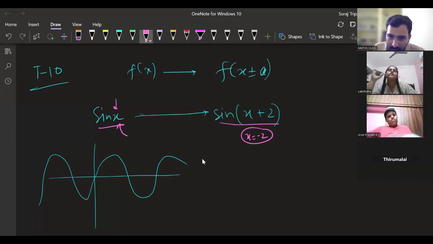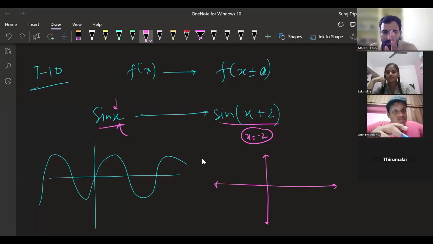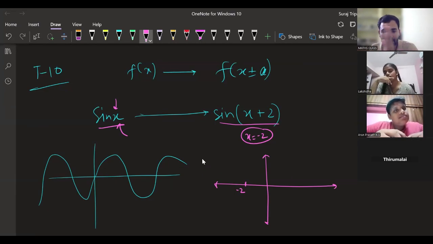That means if we are adding something in the graph, then the whole graph will shift towards the left side by that number. So the new graph will start from x equals minus 2. This x equals minus 2 will work as the origin. Previously the origin was 0, 0.